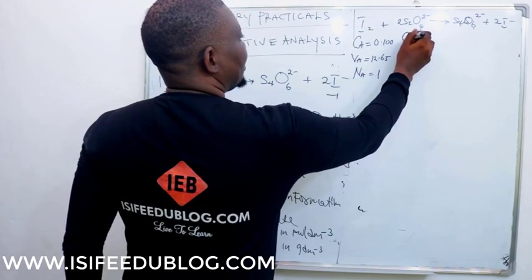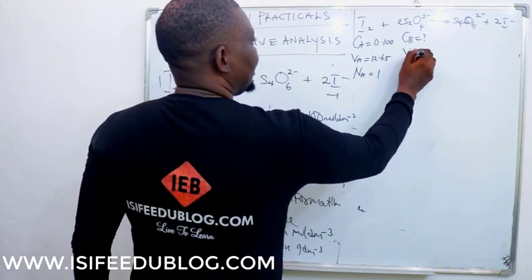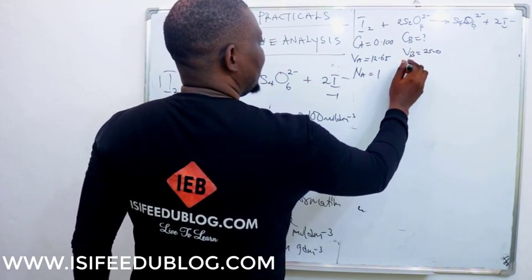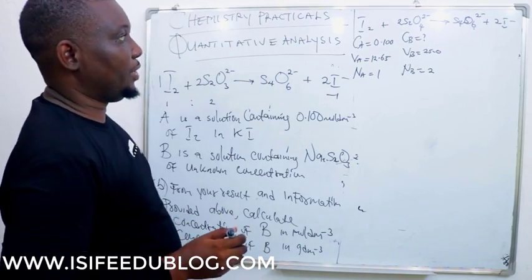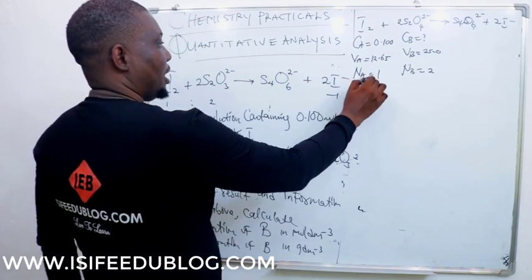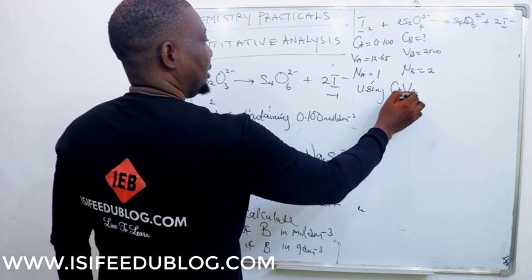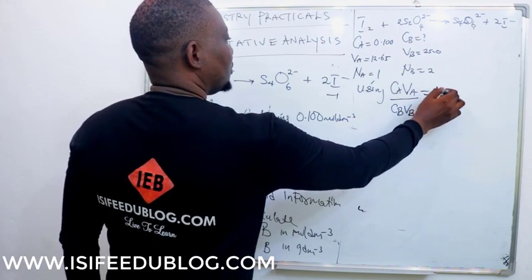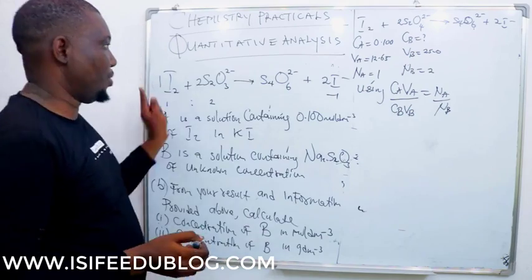Okay, this side we have our CB, which is unknown, the one we're looking for. Our VB is the stated volume of the base, which is 25.0. Our NB is 2. Okay, what do we do now? So we use the formula method: CAVA over CBVB equals NA over NB, from the balanced equation here.